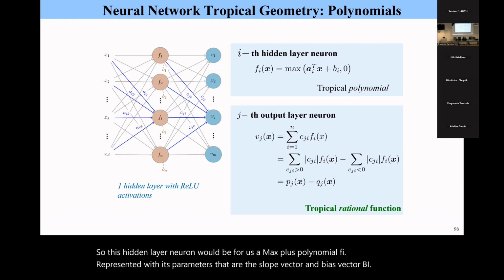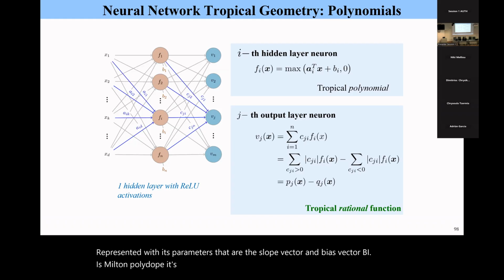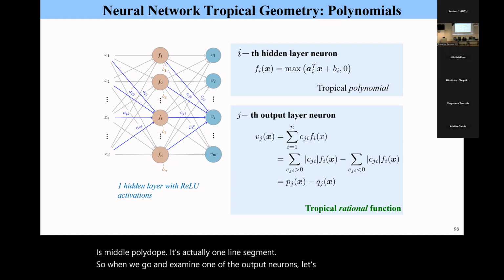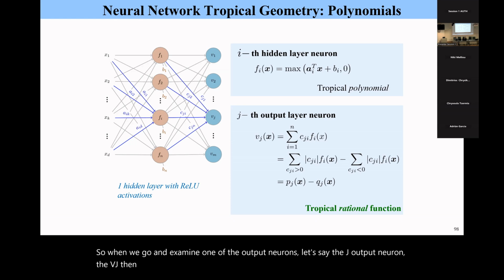Its Newton polytope is actually one line segment. So when we go and examine one of the output neurons, let's say the jth output neuron, Vj, this Vj function is just a linear combination of these max-plus polynomials.